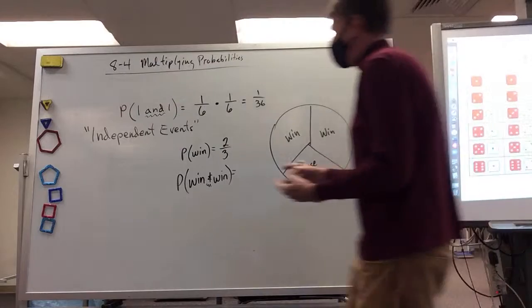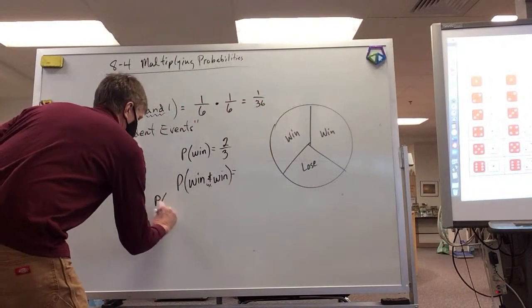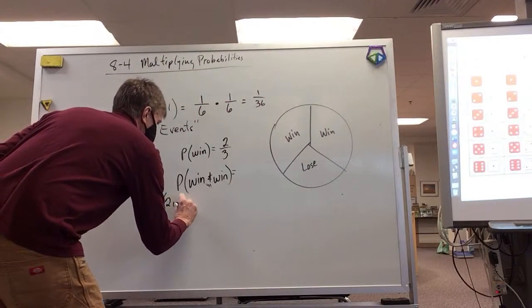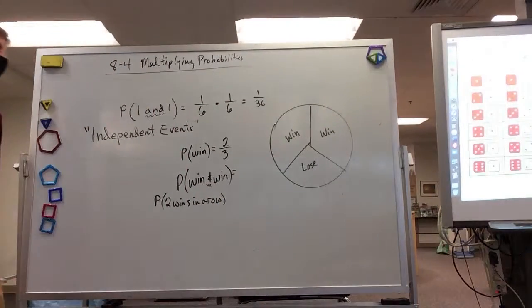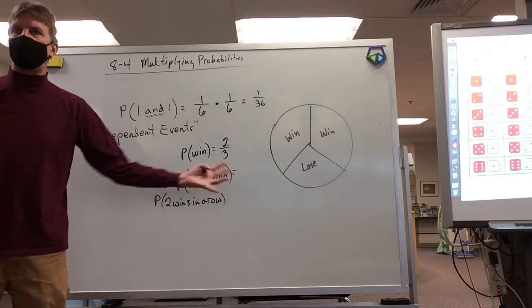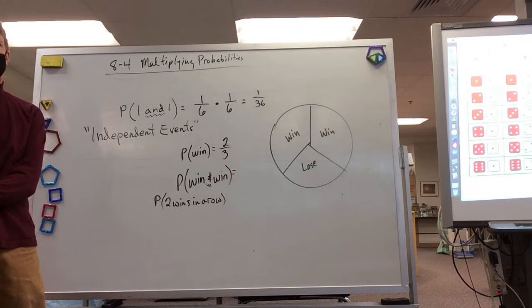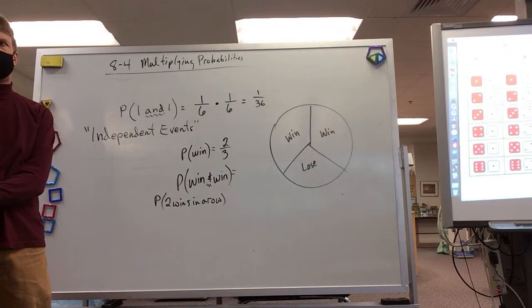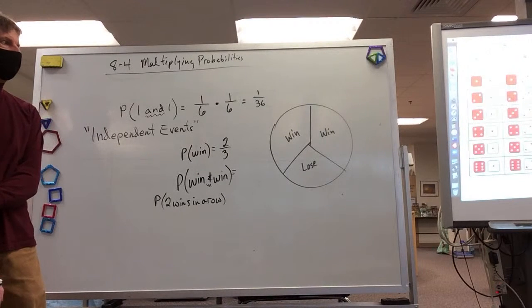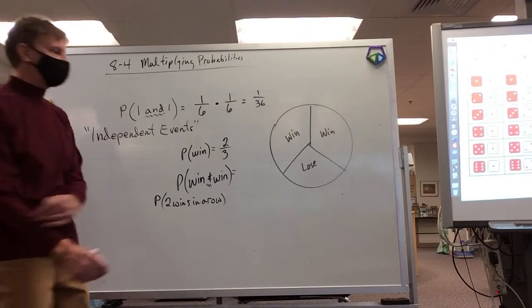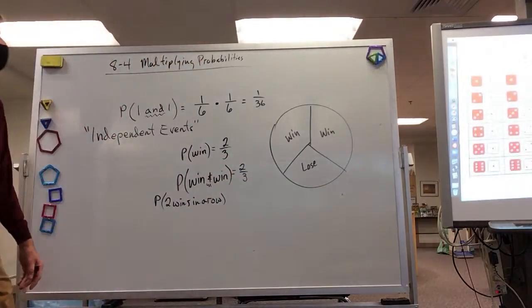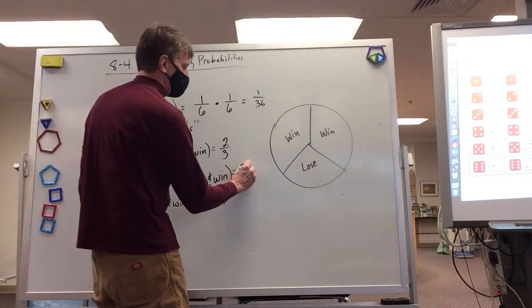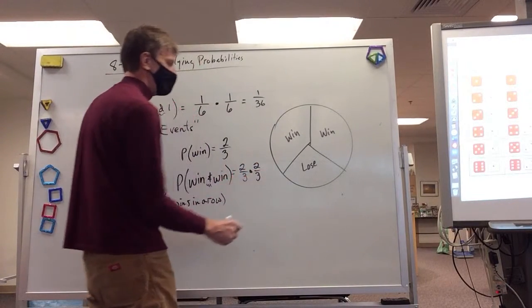So what this means here is the probability of 2 wins in a row. How would you calculate that? Two-thirds times two-thirds. Yes. The first time you spin, that probability, and then it gets multiplied again by 2/3.